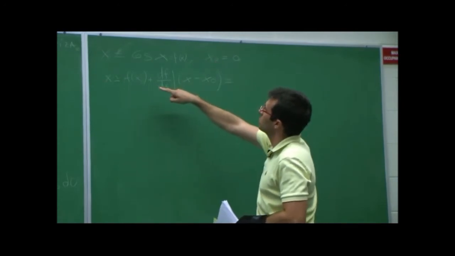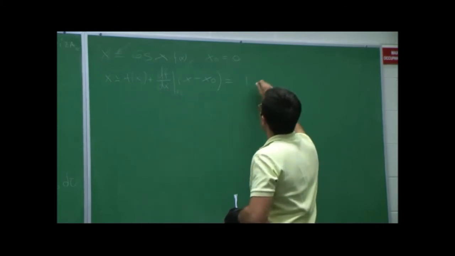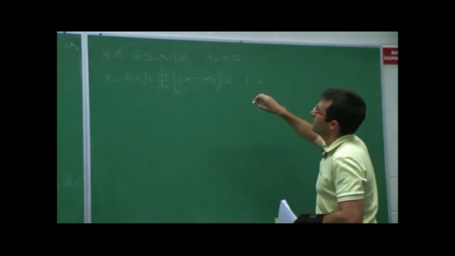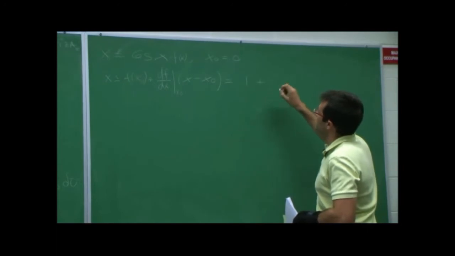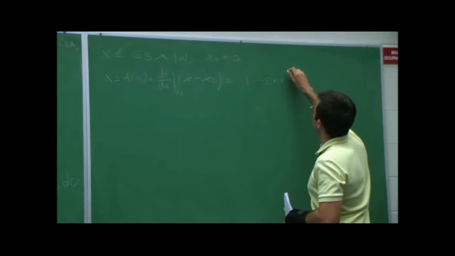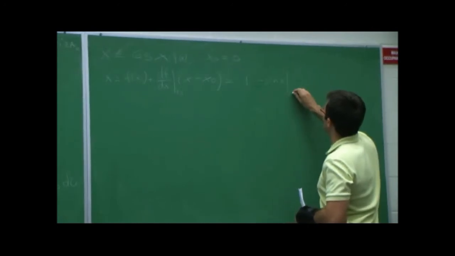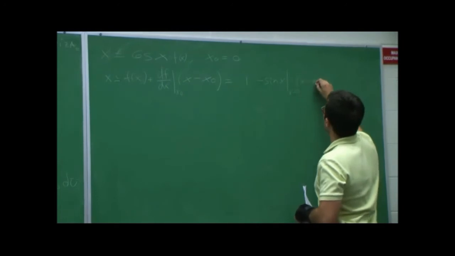What is the cosine of 0? 1. What is this? The derivative is minus sine, right? Minus sine of x that you need to compute at x0, at x equals 0 basically. It multiplies x minus x0. This is 0.